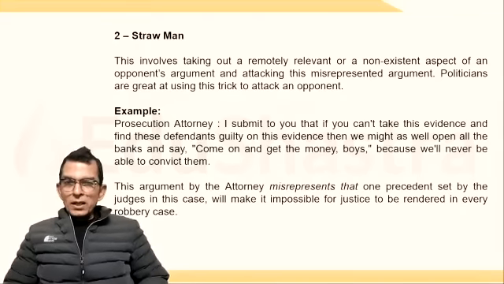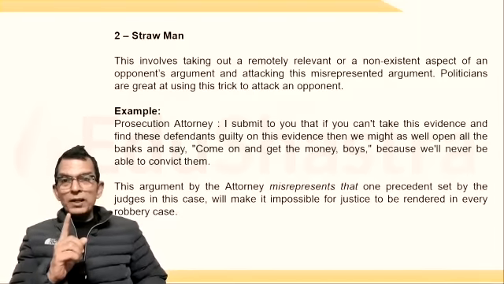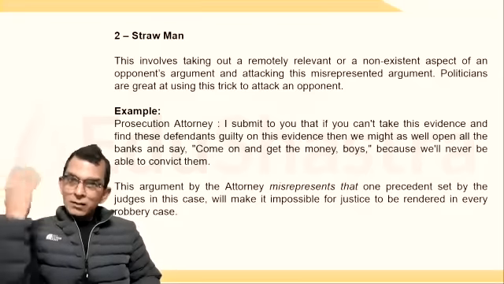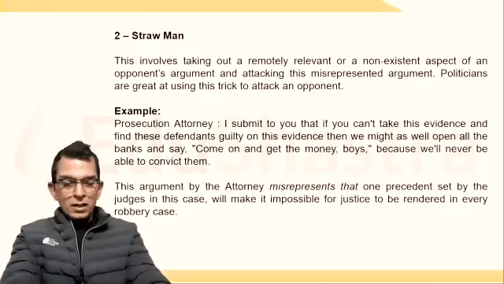The prosecution attorney, whatever argument he's making, is not completely wrong. Out of 100, he's 1% correct only, because he's fighting with one case and trying to make a point for the universal set, which we have already done, even in syllogisms. So this is called the strawman fallacy.